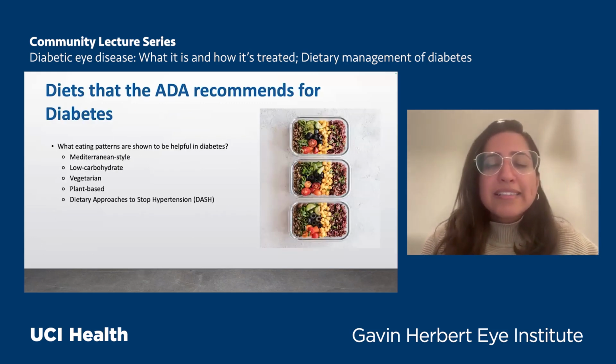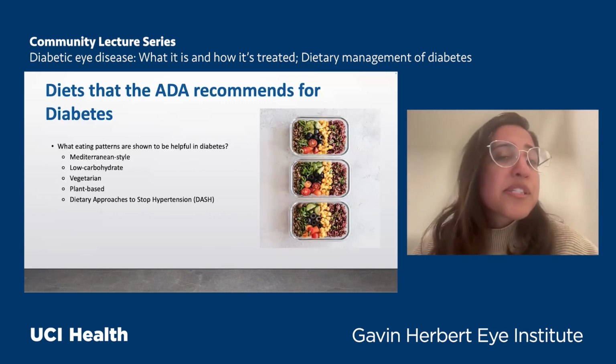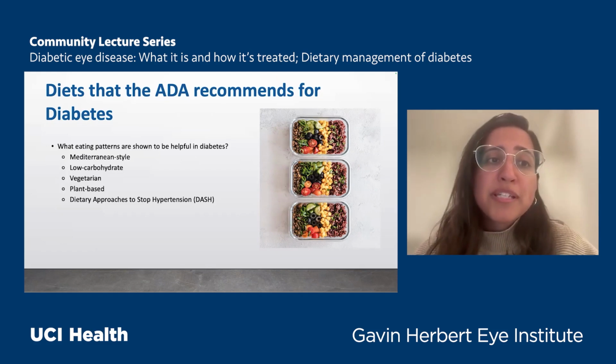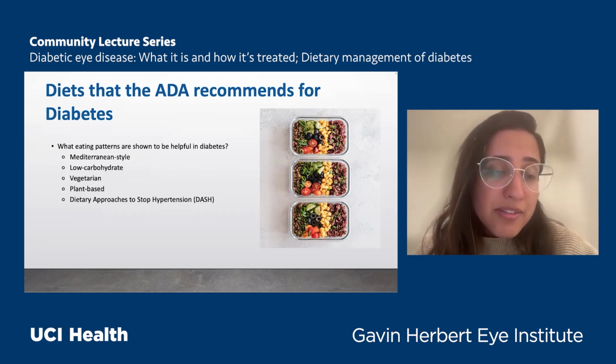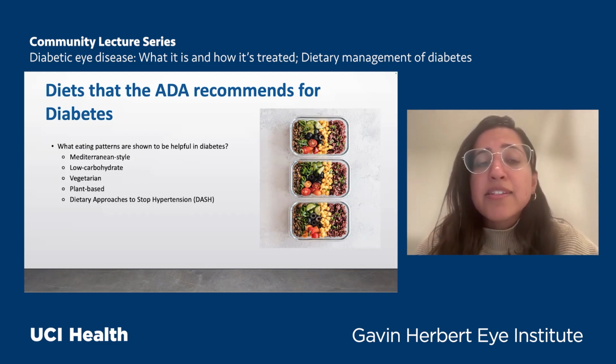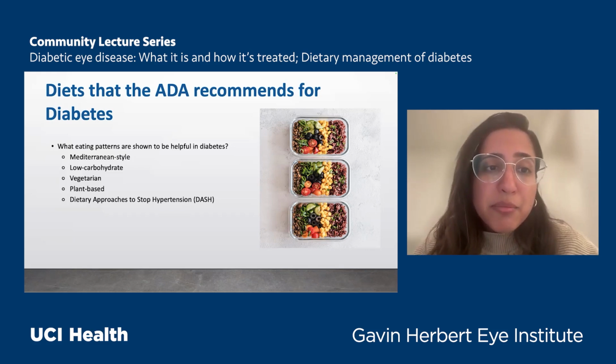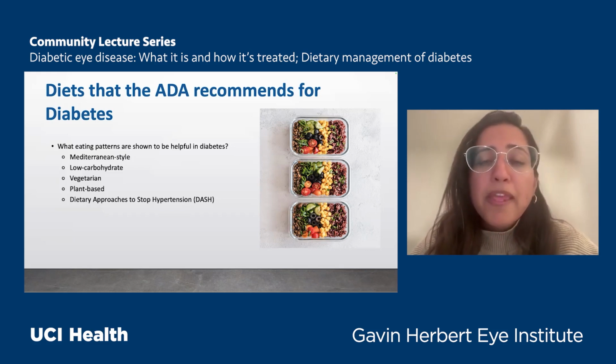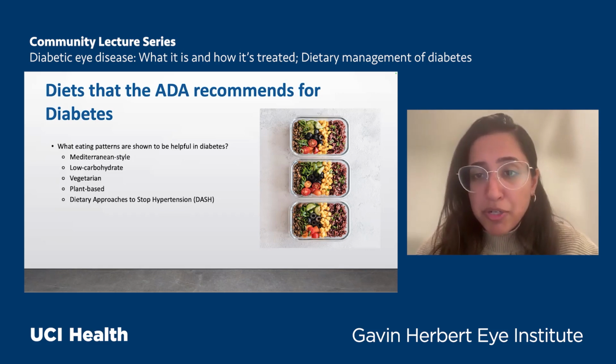So the diets in general that the American Diabetes Association recommends for patients with diabetes are the Mediterranean style diet, low carbohydrate diets, vegetarian and plant-based diets, and then there's a specific diet called the dietary approach to stop hypertension for patients with high blood pressure.